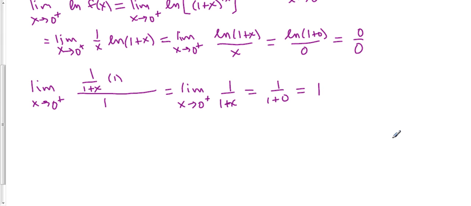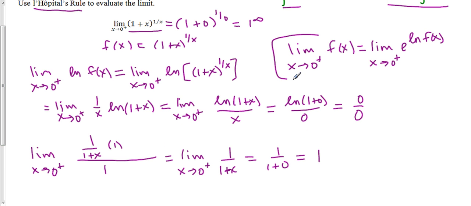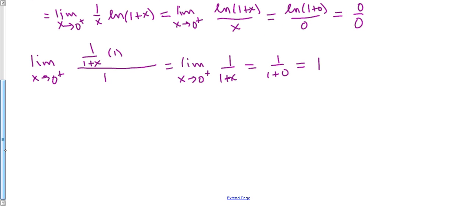Now remember that I'm not done. This is the answer to my side trip, and what I really need to do is go back and look at this equation. I'm really trying to find the limit as x goes to 0 from the positive side of (1 plus x) to the 1 over x.